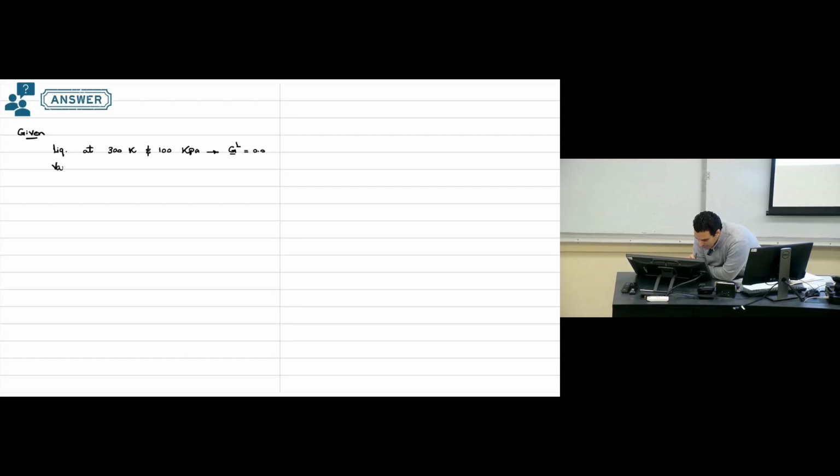We have vapor at 300 Kelvin, 100 kilopascal. Molar Gibbs free energy for the vapor phase at this condition is 500 joule per mole.